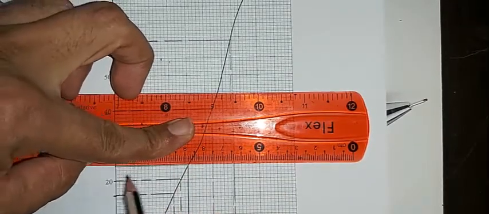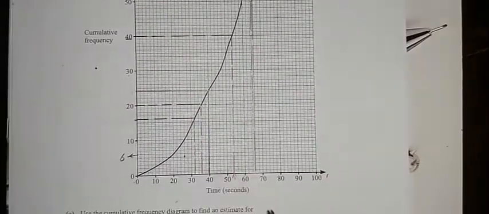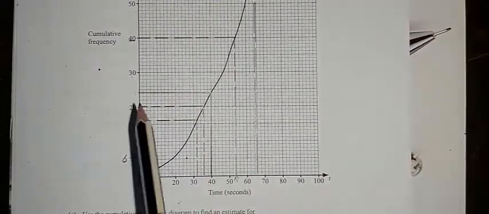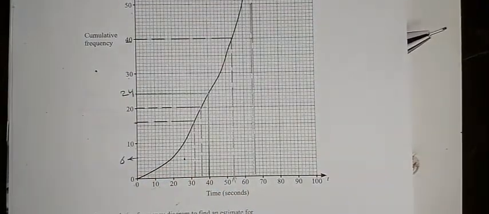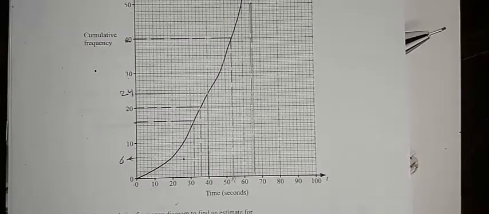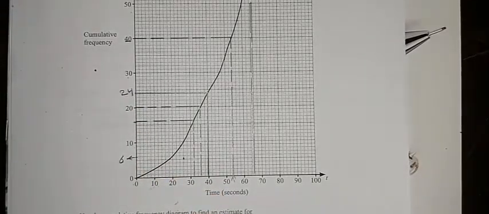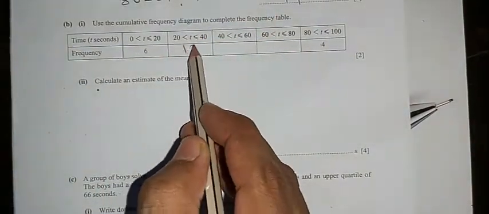I think it's 24 maybe. Yes. From 40 it's 20, 21, 22, 23, 24. So the frequency of the second class will be 24 minus 6, which is 18. So here we will write 18 frequencies.